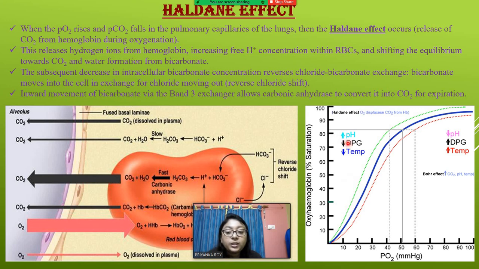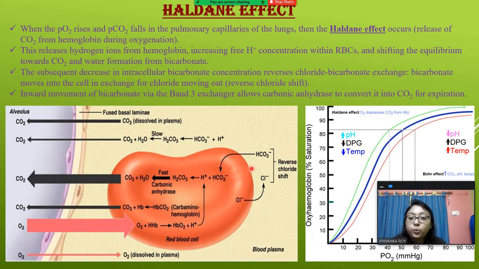The pH increases since H+ ions are used up, the DPG will decrease, and the temperature will also decrease, and therefore it will be shifted towards the left. Just the reverse happens in the Bohr effect, where the curve is shifted towards the right.